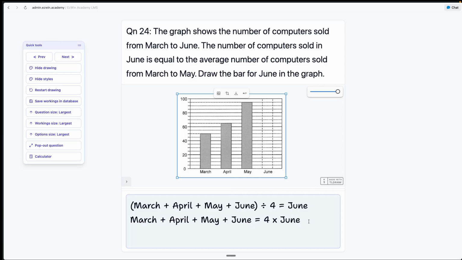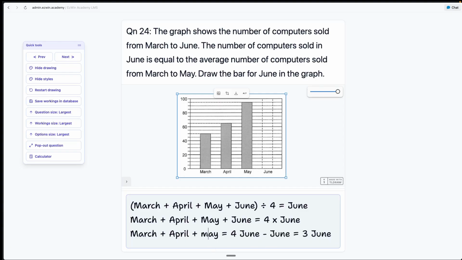So then March plus April plus May, and then we just minus June is equal to 4 June, or essentially 4 June minus June equal to 3 June.